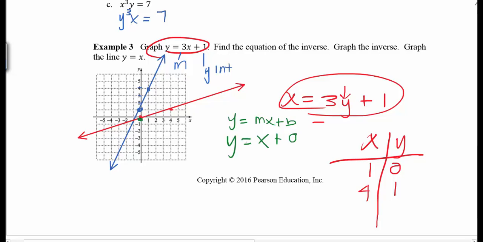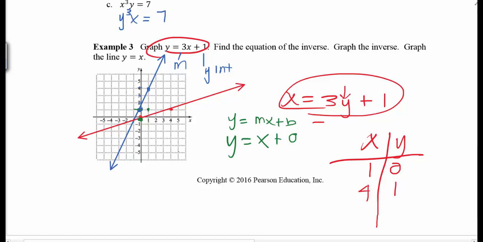So our y-intercept is 0. We cross the y-axis at 0. And then our slope is 1. So from that point of 0, I go up 1 and over 1 to the right, and I put a point there.